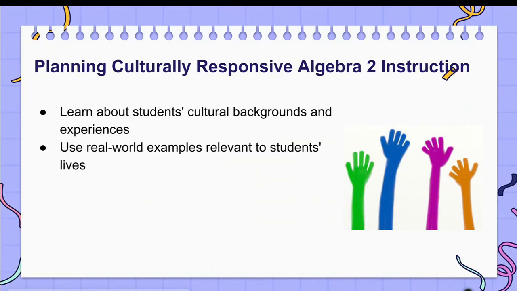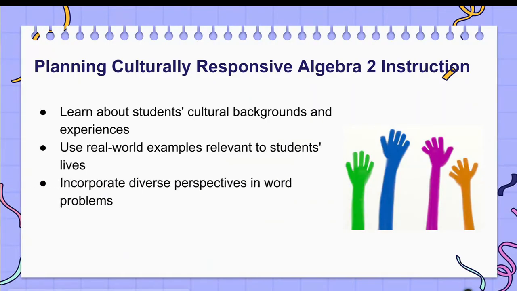For instance, instead of generic word problems, we might use scenarios that reflect the local community or students' interests. It's also crucial to incorporate diverse perspectives in our word problems. This could mean featuring names from various cultures or referencing cultural practices and events in our examples.